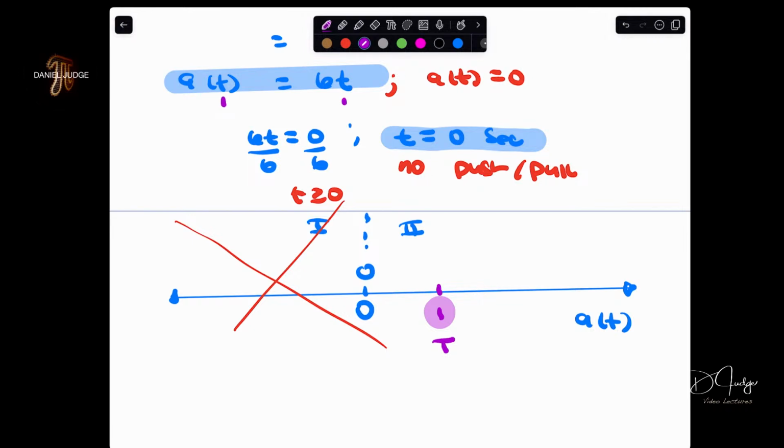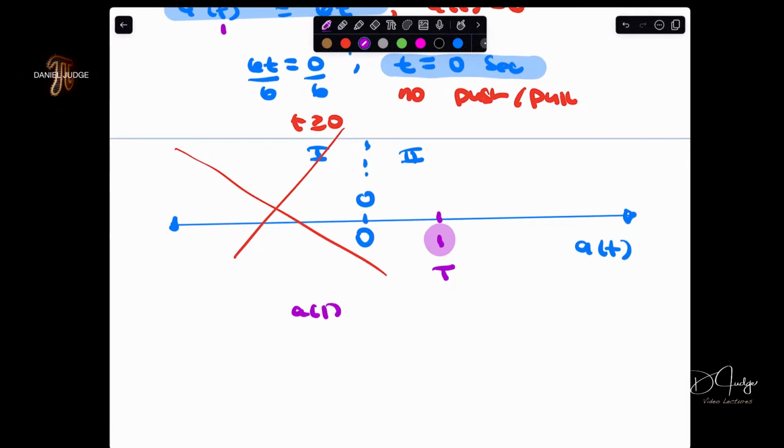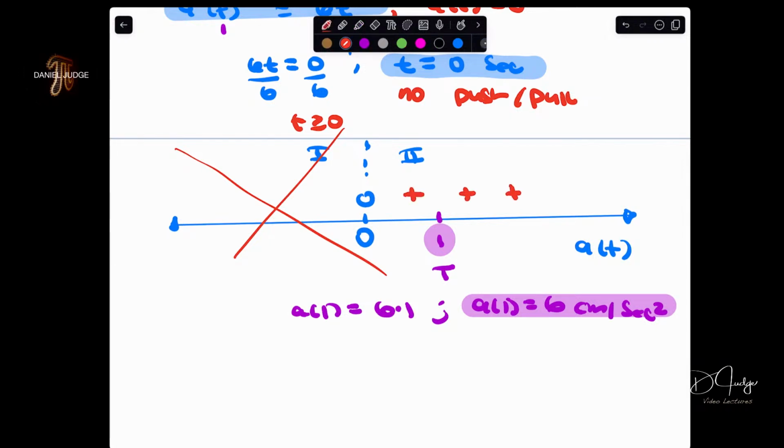So a of 1 is 6 times 1, or simply 6 centimeters per second squared. So region 2, which is the only region to test, is positive. I'm going to label that here.